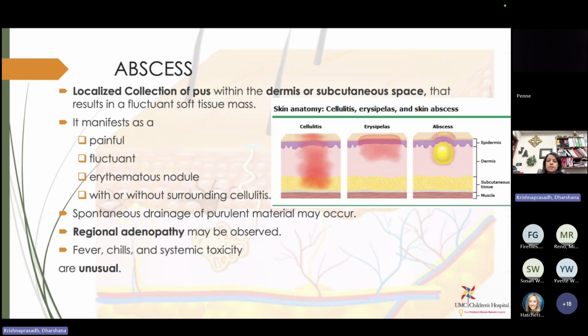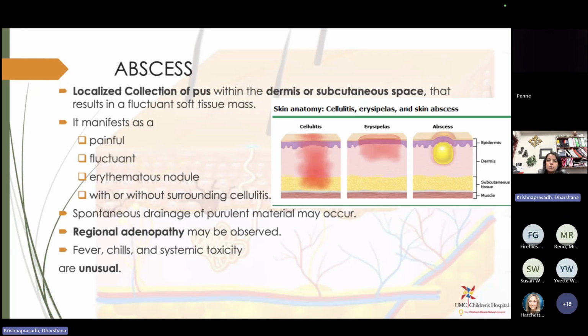Moving on to abscess, it's more of a localized collection of pus, kind of a progression from cellulitis is what I would call it, because there is a collection of pus within the dermis or the subcutaneous tissue. They present as painful, fluctuant lesions with or without surrounding cellulitis. Usually, the management is drainage of this purulent material.